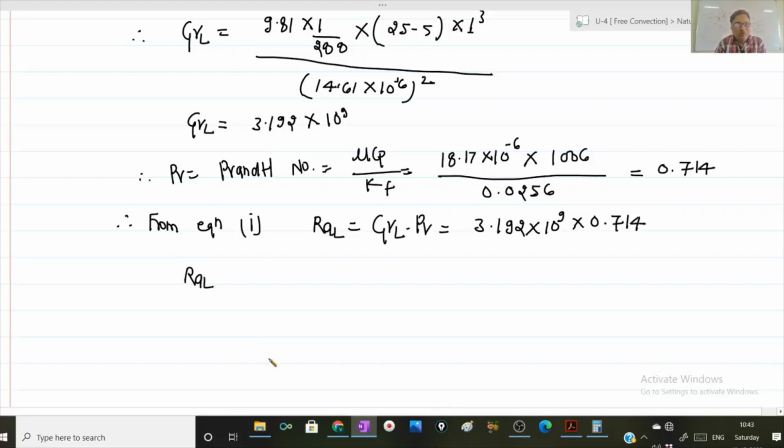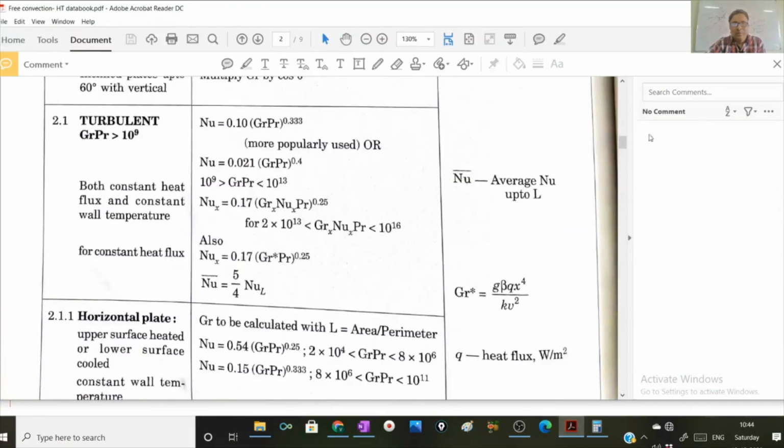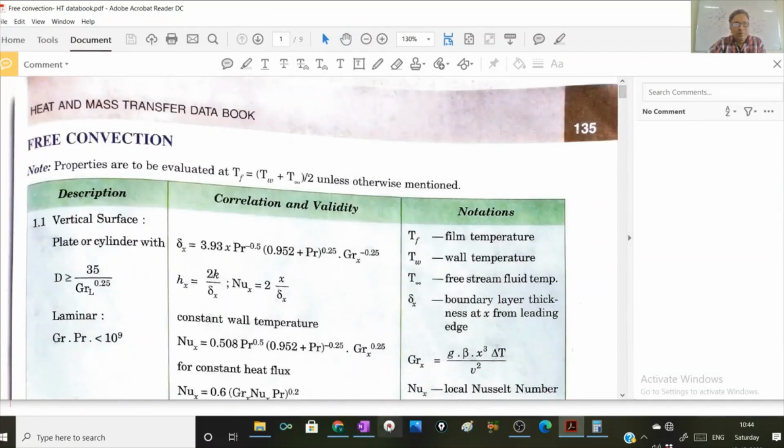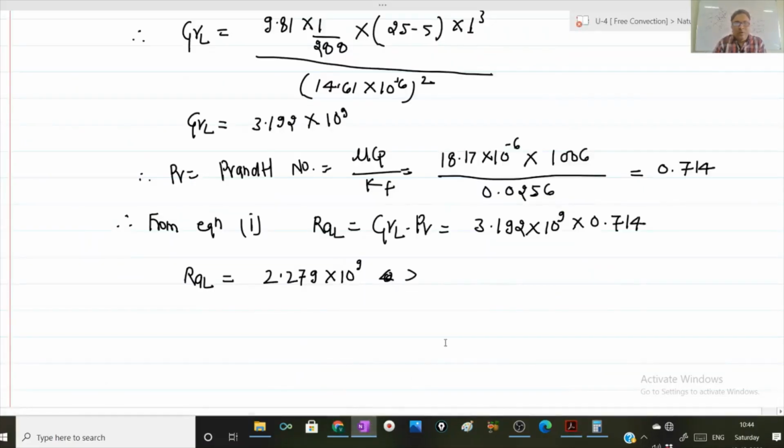So this value comes out 2.279 into 10 to power 9, which is greater than 10 to power 9.